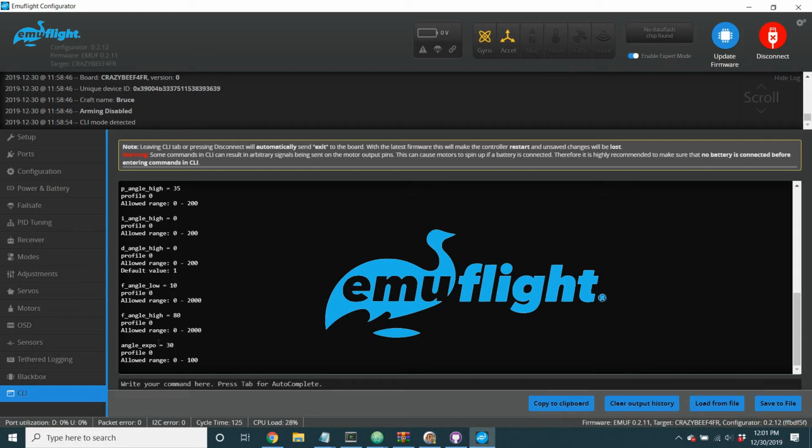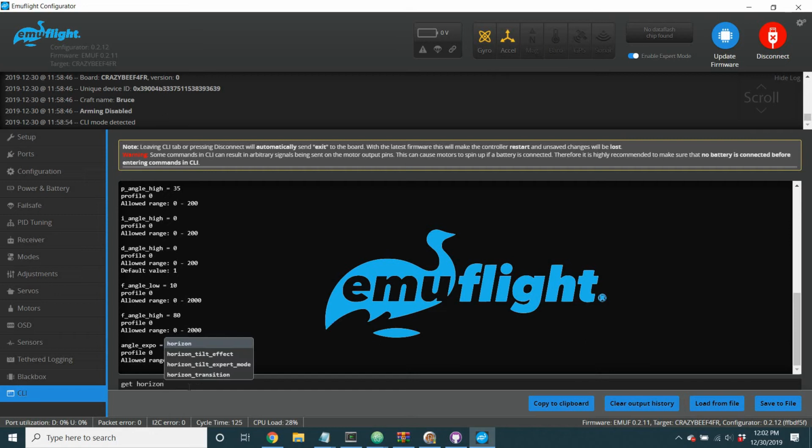It's more exponential, like the normal exponential curves. So now you can actually have exponential in angle mode, so that your pitch and roll angle aren't just linear. That should be kind of cool. Before, you could only do this with expo in your transmitter. And again, this only works while you're in angle mode, so if you're flying in NFE mode, that won't work.